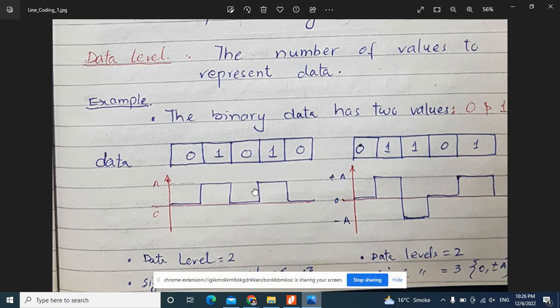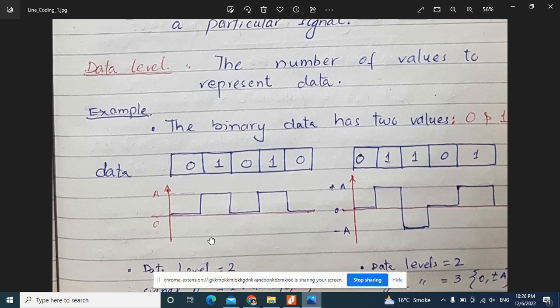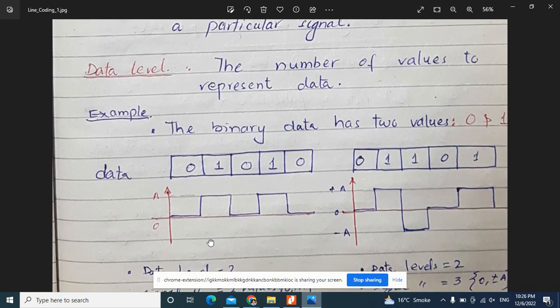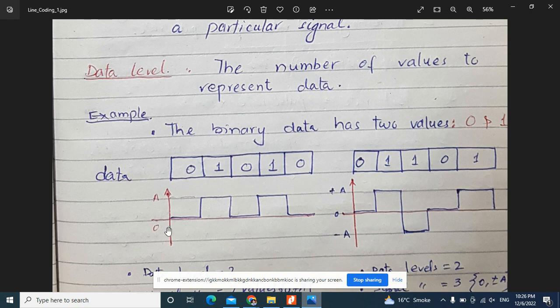So you represent your data by two data levels, either 0 or 1, and similarly there are two signal levels as well: the first level is 0 and the second level is A.